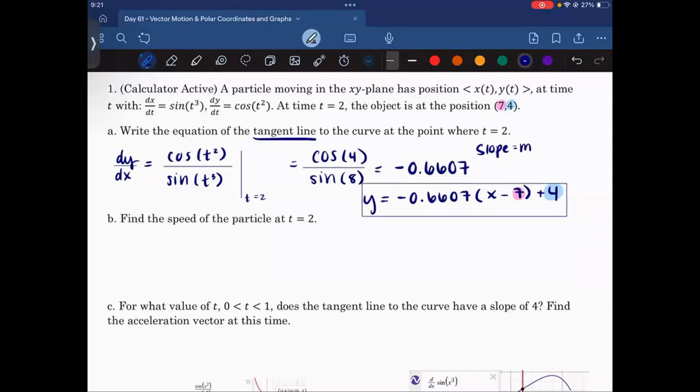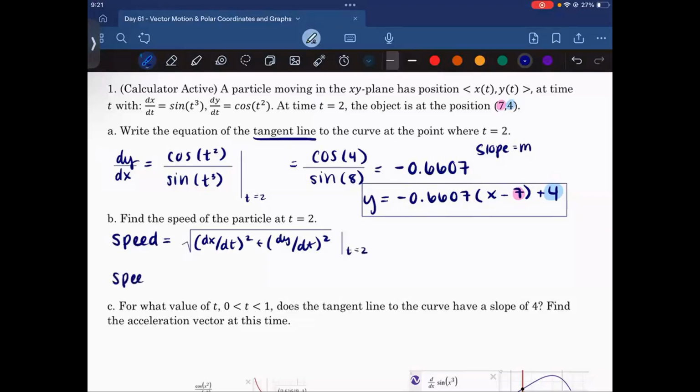B, find the speed of the particle at t equals 2. The speed equation is the square root of dx/dt squared plus dy/dt squared. And we're just going to plug those in with respect to t equals 2.